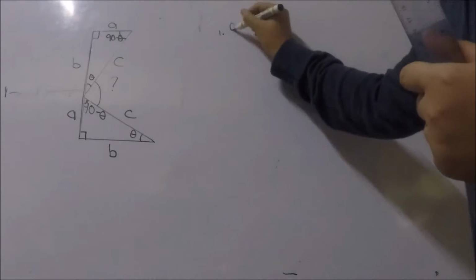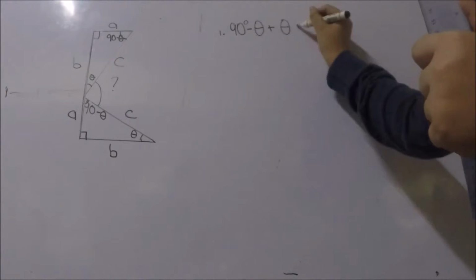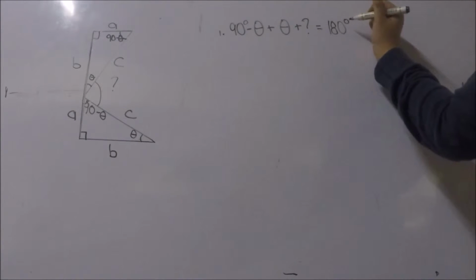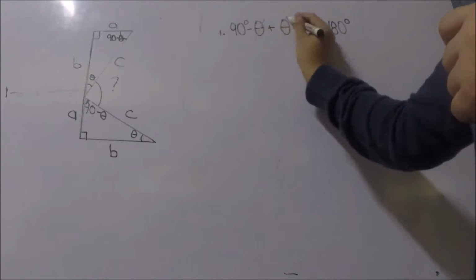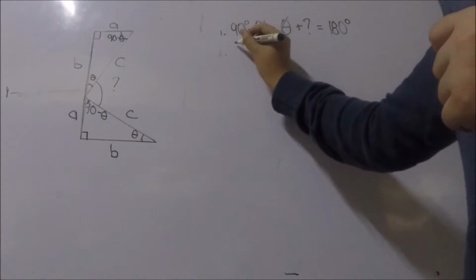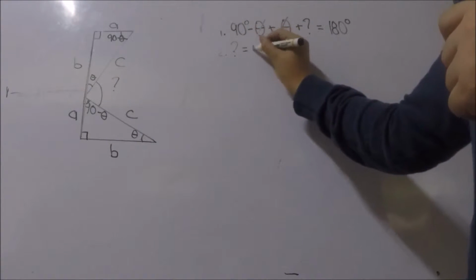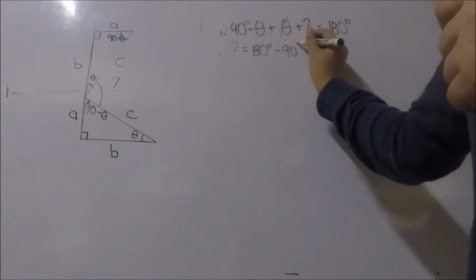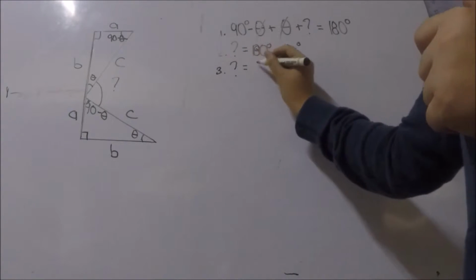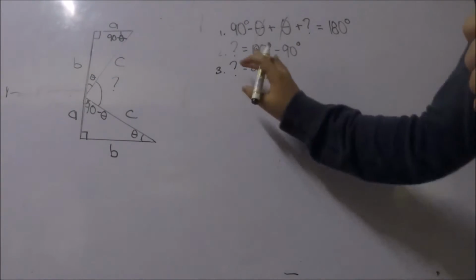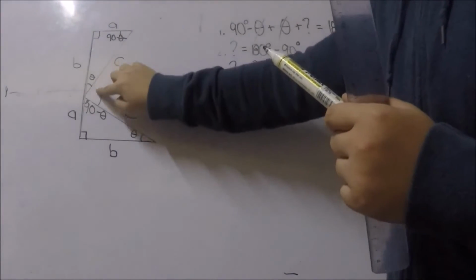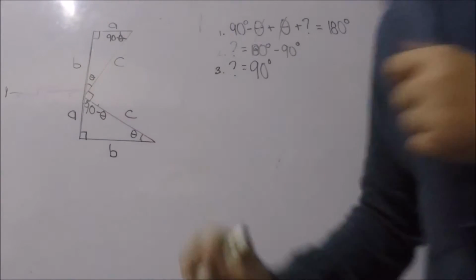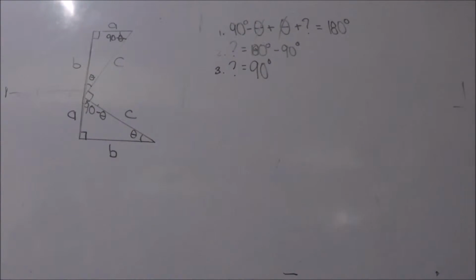So it's gonna be theta plus question mark plus 90 minus theta is equal to 180 degrees. If we isolate the question mark, we will get 90 degrees. So we'll just change this to make sure that it's understood as 90 degrees.